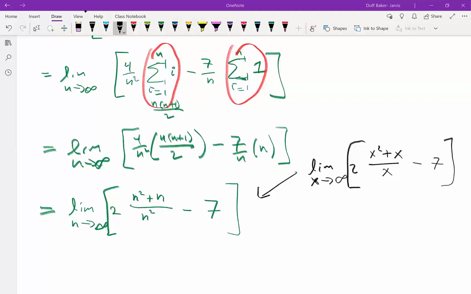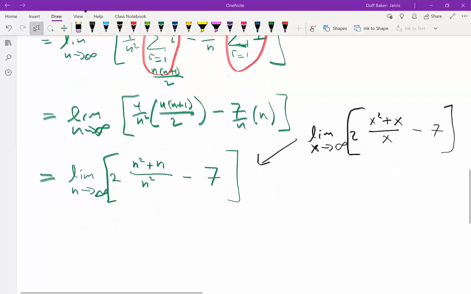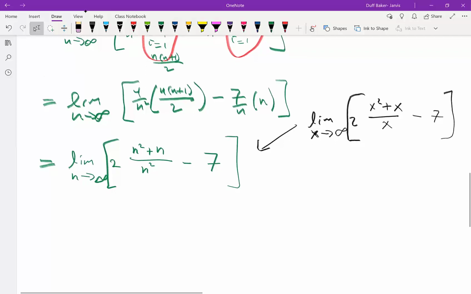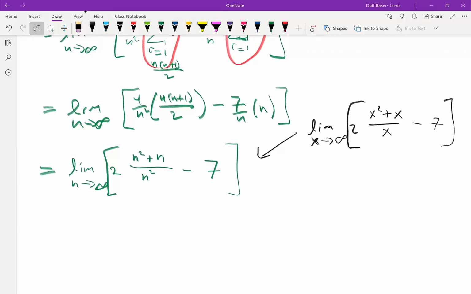Any other guesses? So it turns out -5 is right.